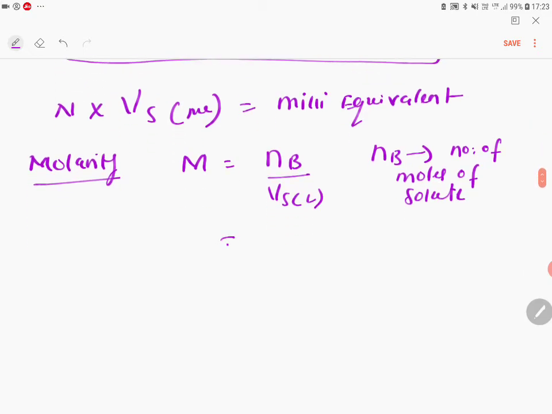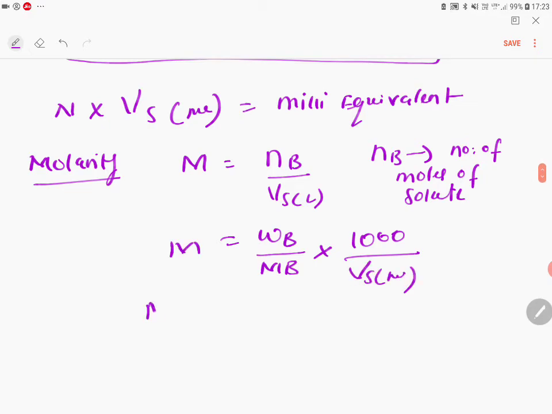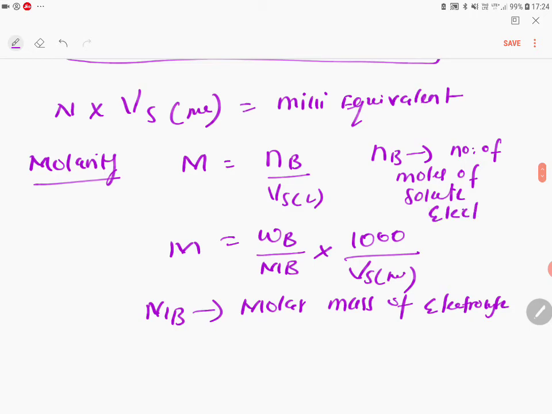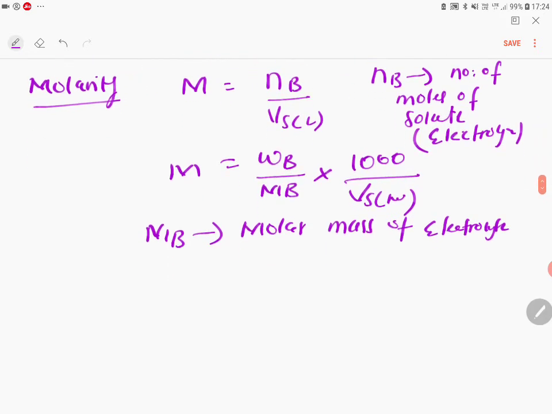So number of moles is given mass by molar mass, and once again you convert the volume of the solution to ml, you will get this formula. So here what is M_B? M_B is molar mass of solute. In electrochemistry we will say molar mass of electrolyte. Here also we can say number of moles of electrolyte. Electrolyte is the solute which you are dissolving in the aqueous medium before electrolysis.